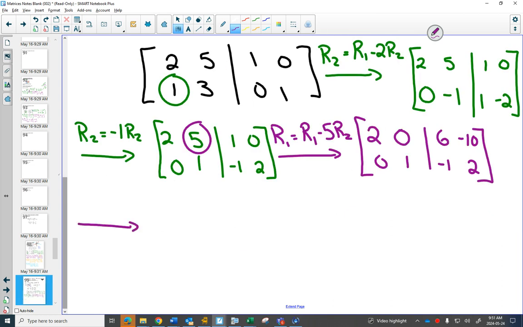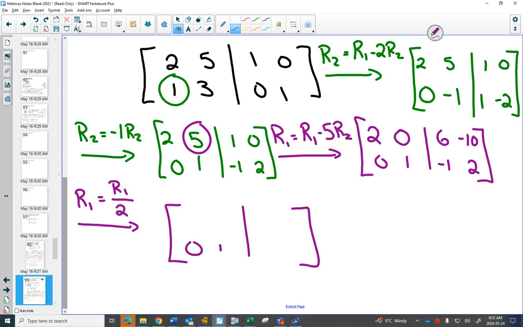And again, to get the identity matrix on the left-hand side, I would now have to take row 1 and divide it by 2. Again, row 2 doesn't change. And row 1 now becomes 1, 0, 3, and -5.